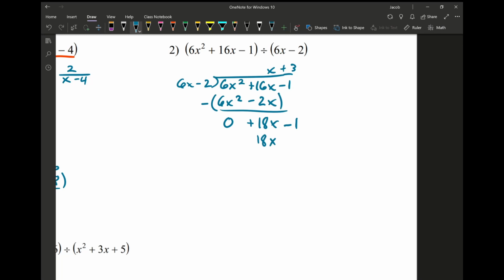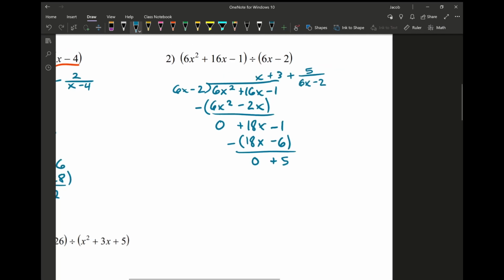Get 18x minus 6, and then I'm subtracting. So this is 0 plus 5, and then 5 is my remainder, plus 5 over 6x minus 2. So that's my result right there.